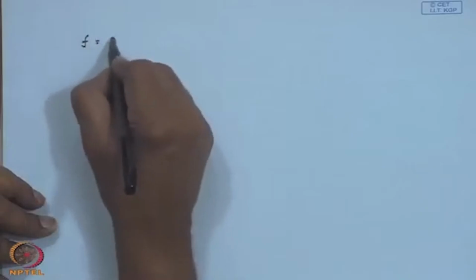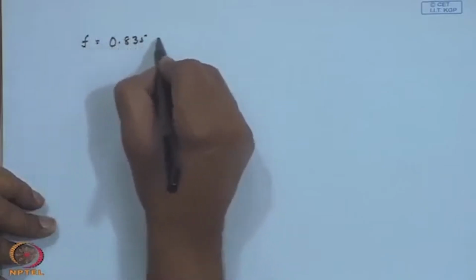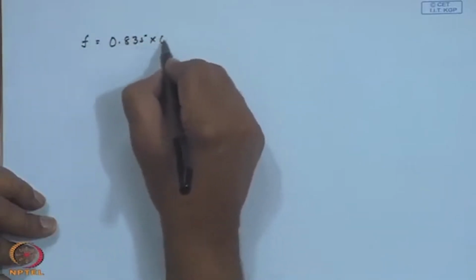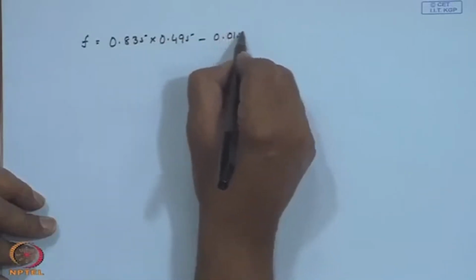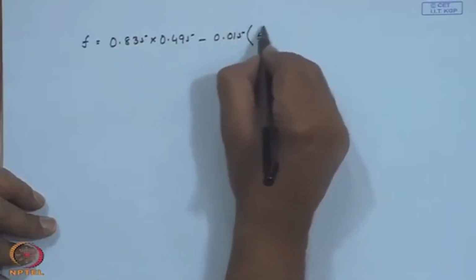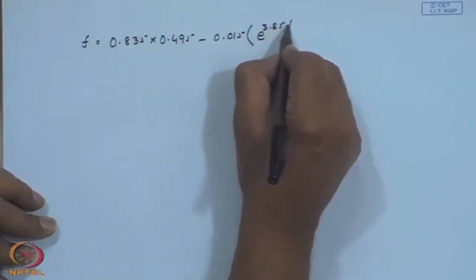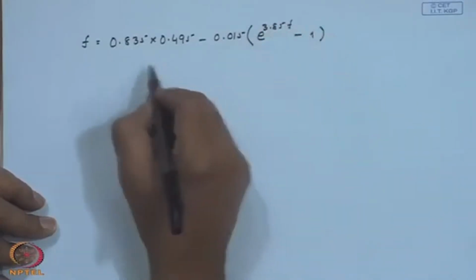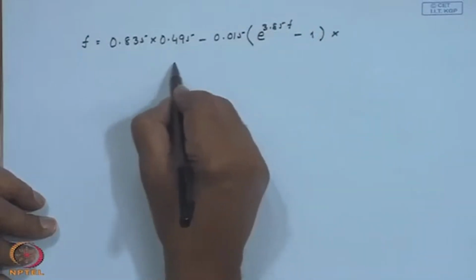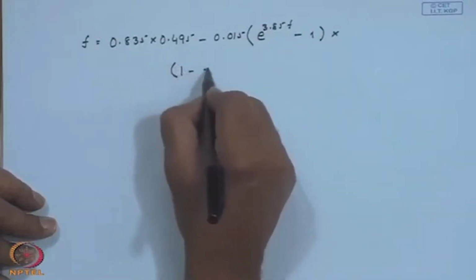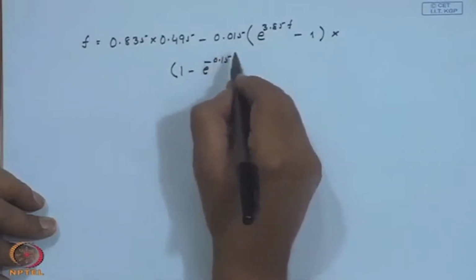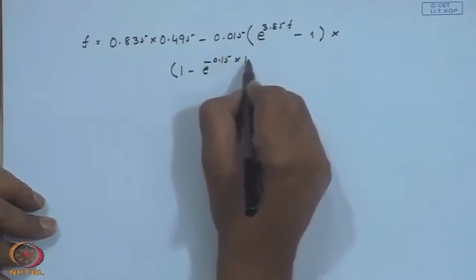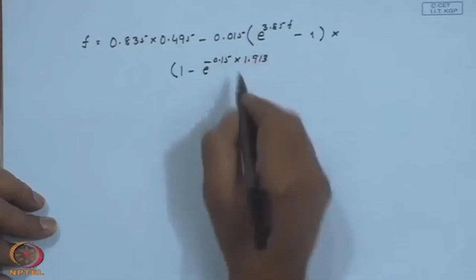So, F will be phi bar max is 0.835 times y 0.495 minus 0.015 into e to the power 3.85 f minus 1 multiplied by 1 minus e to the power minus 0.15 x dashed into 1.913, right.